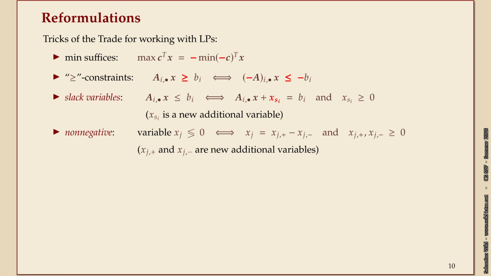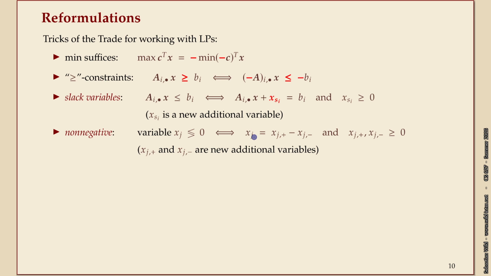And lastly, we can force all variables to be non-negative by splitting up the variable into two parts, essentially the positive and the negative part, and again, forcing both to be positive. It's not enforced that always one of the two is 0. It turns out you don't need that.